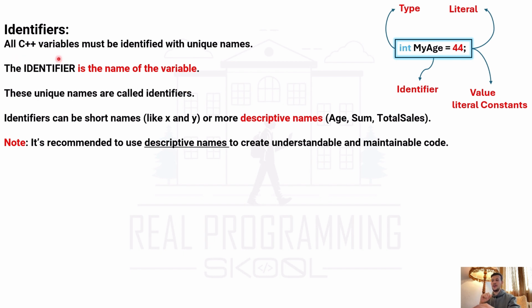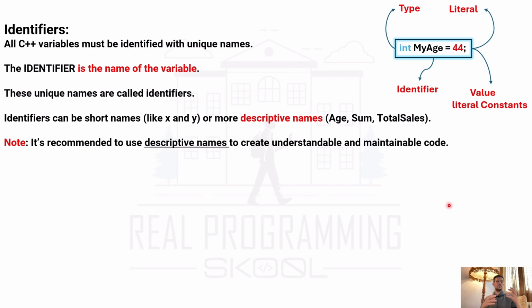All C++ variables must be identified with unique names. The identifier is the name of the variable, as I said now. These unique names are called identifiers, right? Identifiers can be short names like X and Y, or more descriptive names like age, sum, total sales, definitely.